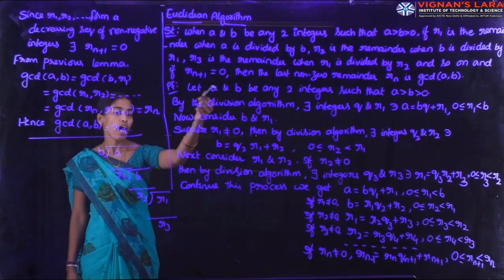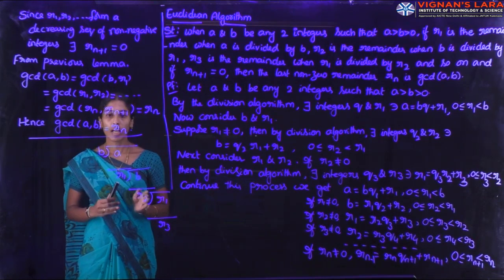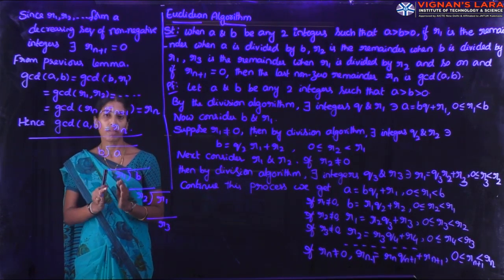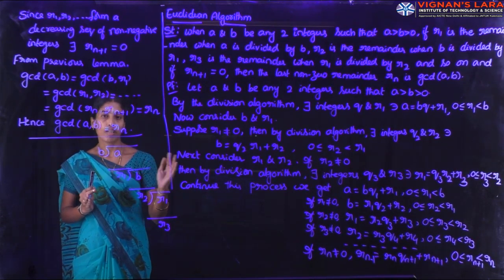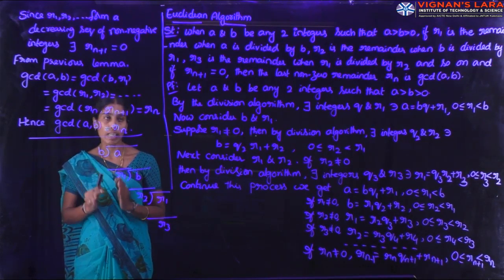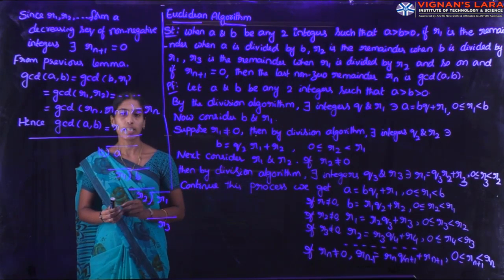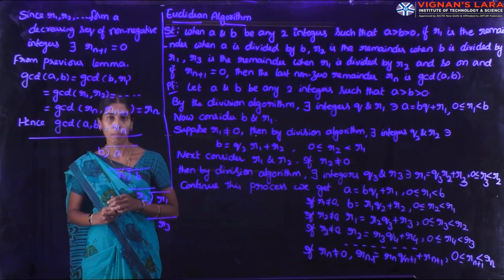If somewhere Rn plus 1 is equal to 0, then the last non-zero remainder Rn is the GCD of A comma B.